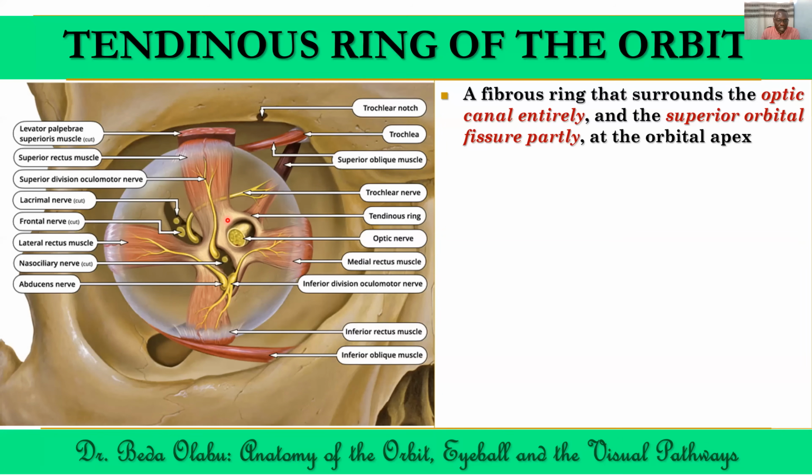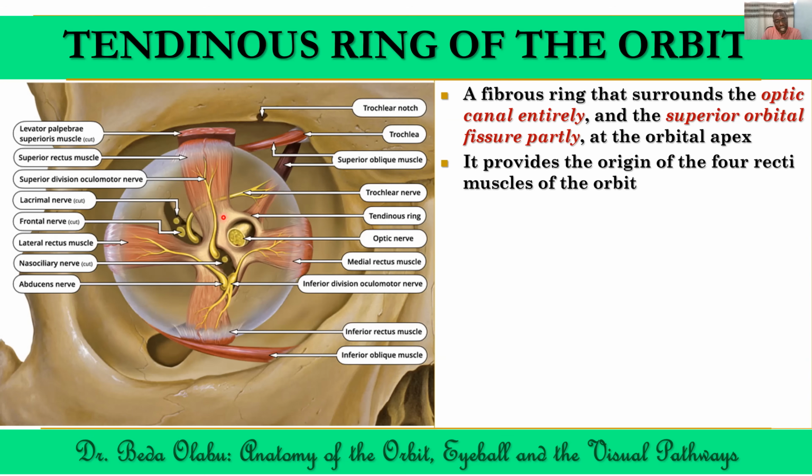You can see here it encloses the whole of the optic canal, but it encircles part of the superior orbital fissure, the lower part of the superior orbital fissure. So this is the region of the orbital apex. Remember that one.